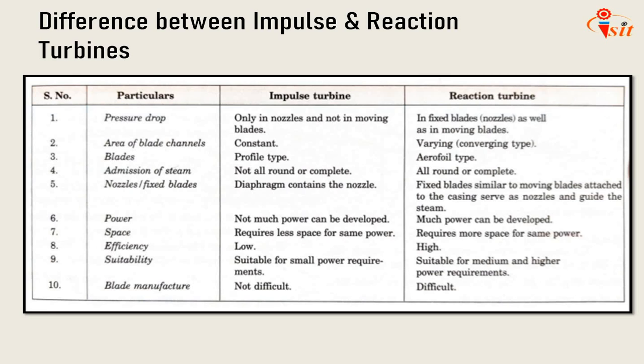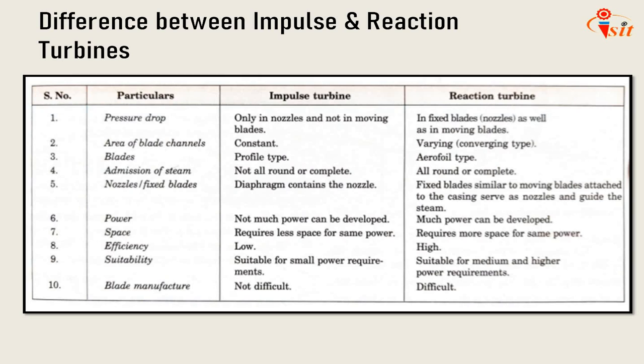Pressure drop in impulse turbine is only in the nozzles, not in the moving blades. In the reaction turbine, pressure drop occurs in the fixed blades, that's the nozzle, as well as in the moving blades.